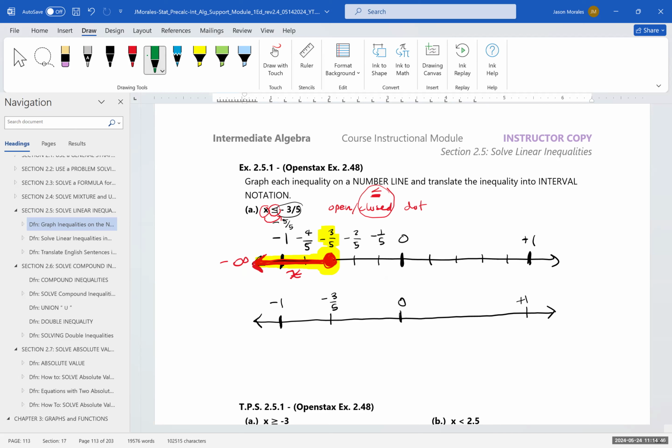Now to denote using parentheses or brackets, we're going to use a bracket. And the bracket means that it includes that value. And this is going to be a right bracket because we want it to be open to values of x that are less than -3/5.